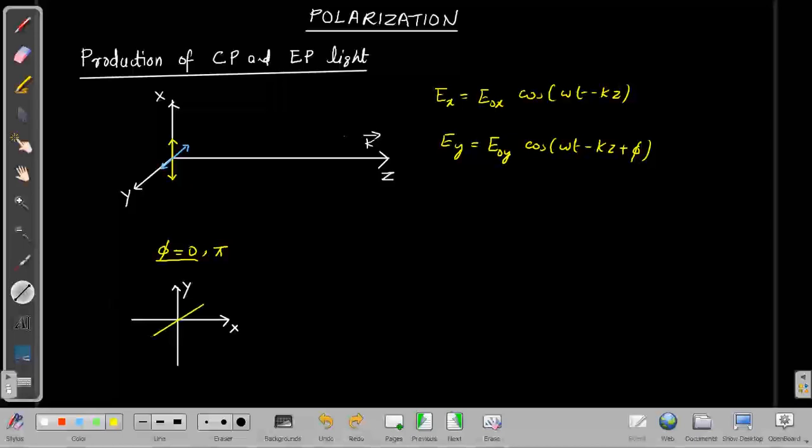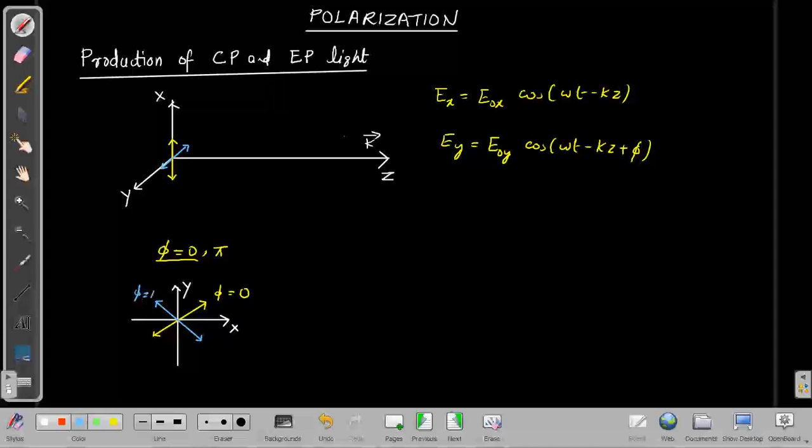If phi equal to 0, the electric field would oscillate like this. And when phi equal to pi, the oscillation of the electric field would be like this.